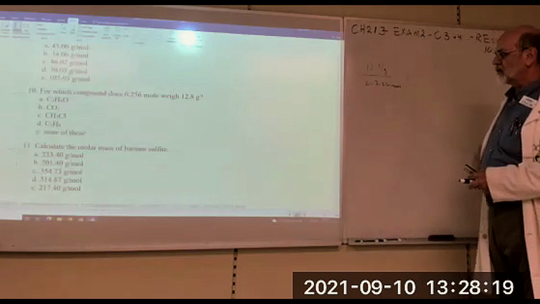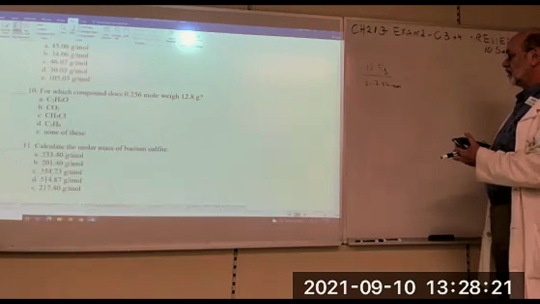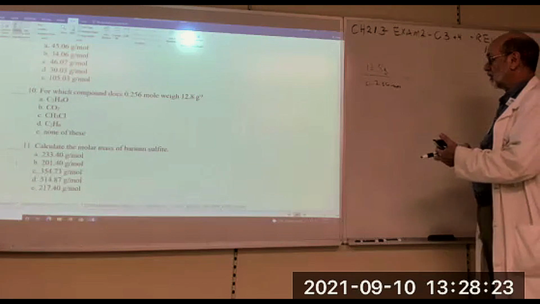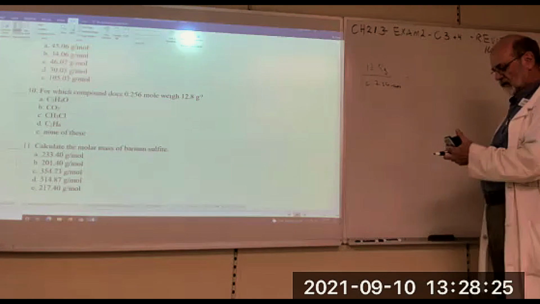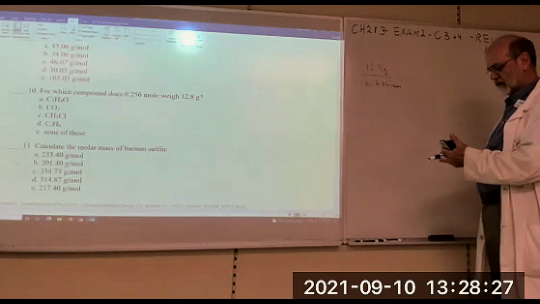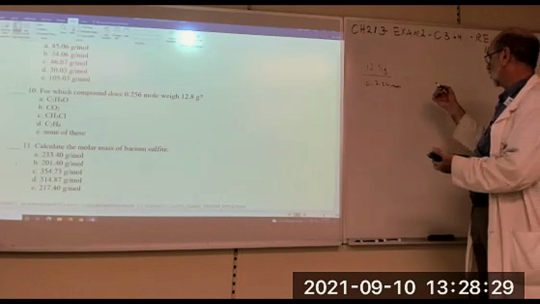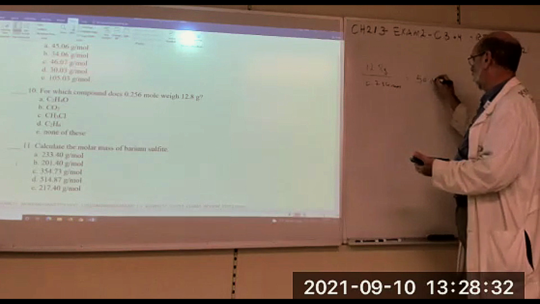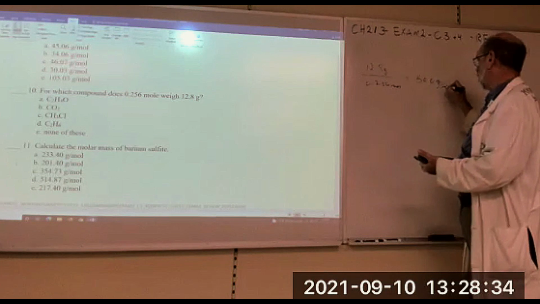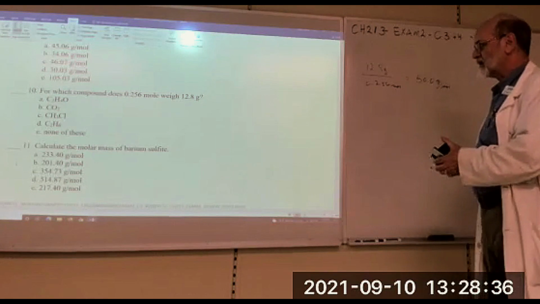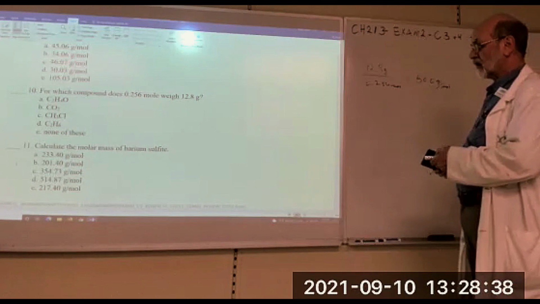So that value is what we key on here. 12.8 divided by 0.256 is 50 grams per mole. Okay, how about the molar masses of each one of these?